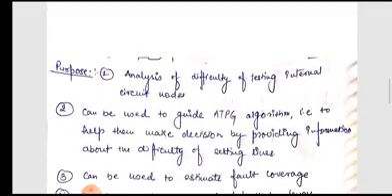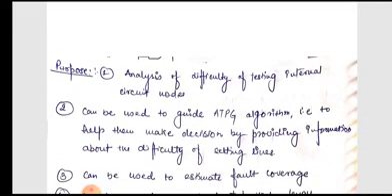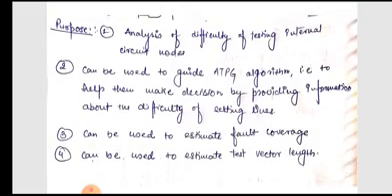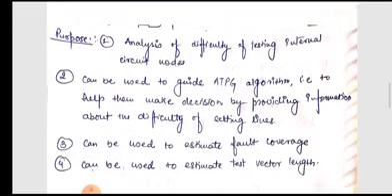So what is the purpose of controllability and observability? Point number 1 is the analysis of the difficulty of testing the internal circuit nodes.